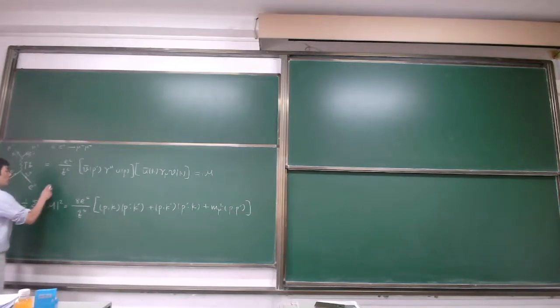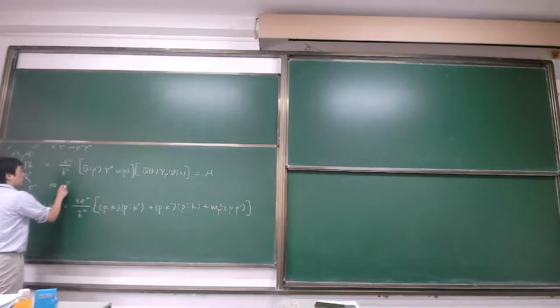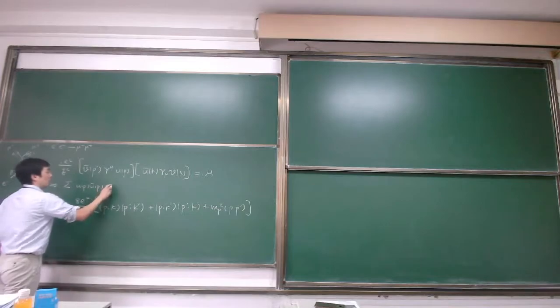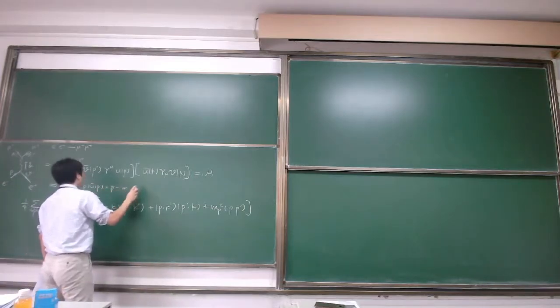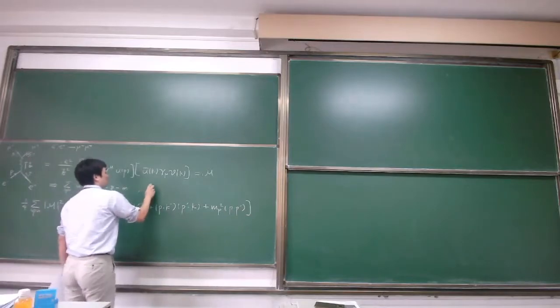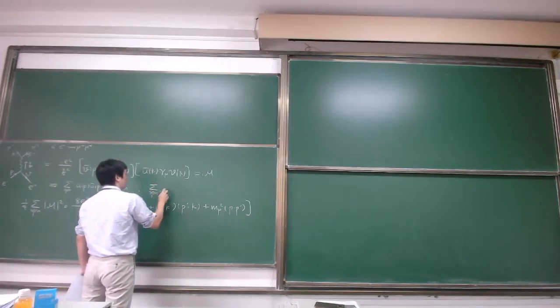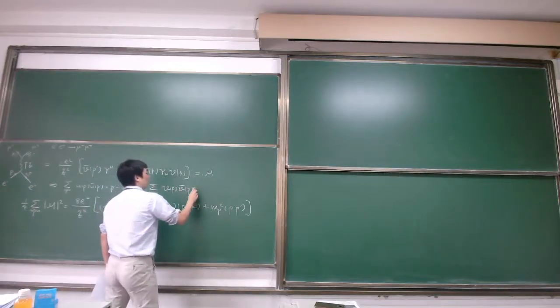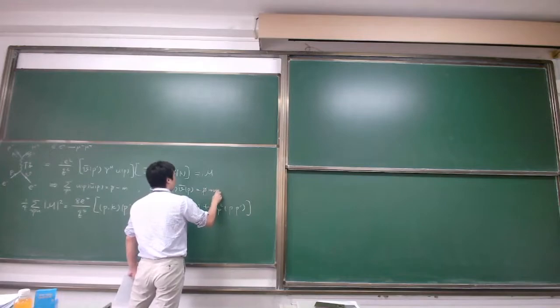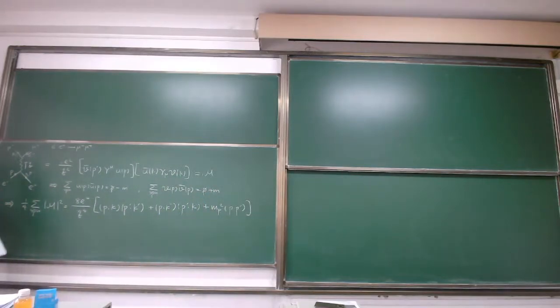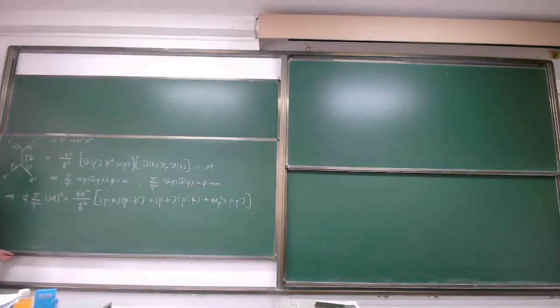To do that, what we did is the spin sums for u bar(p) and v(p), with p slash plus m. And then what we have is this expression. So that's what we found last time.